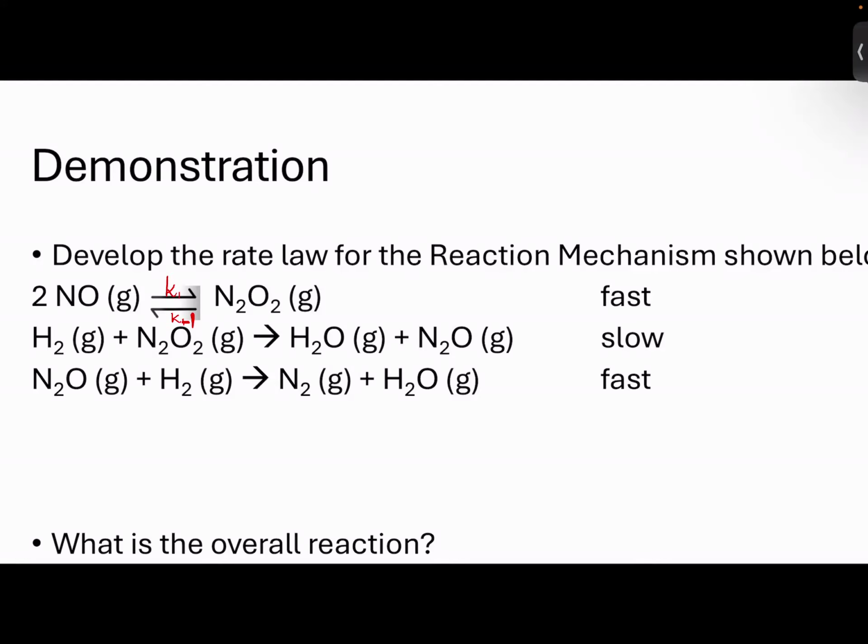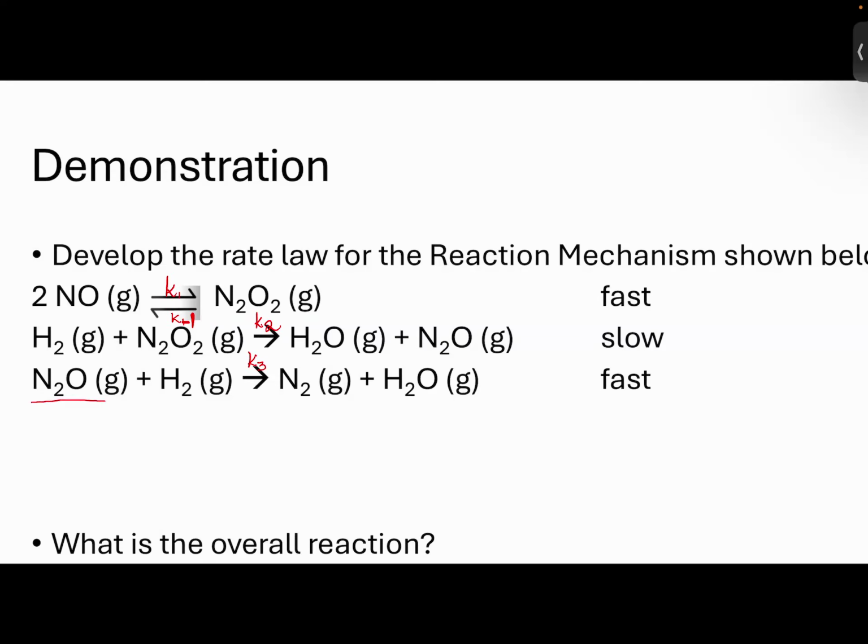Once the dinitrogen dioxide is formed, that reacts with hydrogen to form water and dinitrogen monoxide. And then the dinitrogen monoxide reacts with another hydrogen to form nitrogen and water.